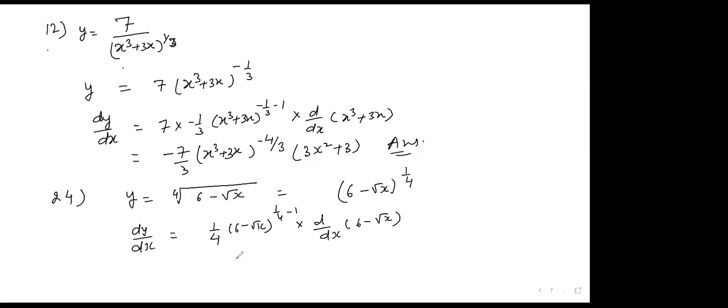So this will be 1 over 4, 6 minus root x to the power negative 3 over 4, and the derivative of 6 is 0, and minus the derivative of root x is minus 1 upon 2 root x.